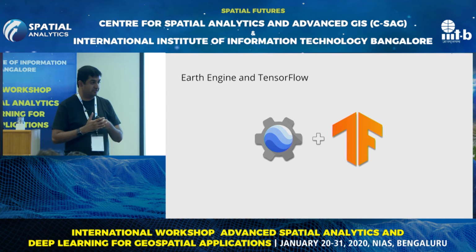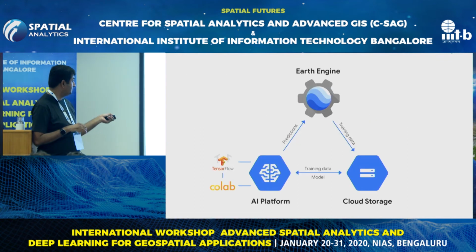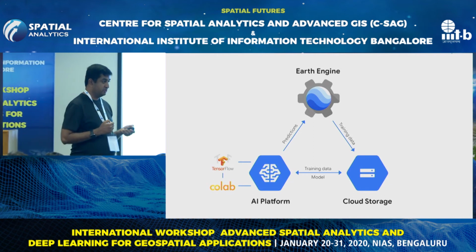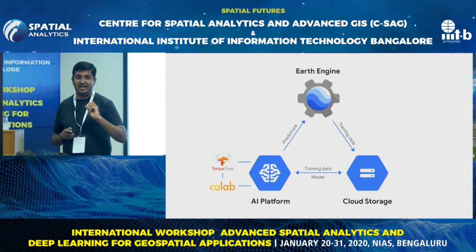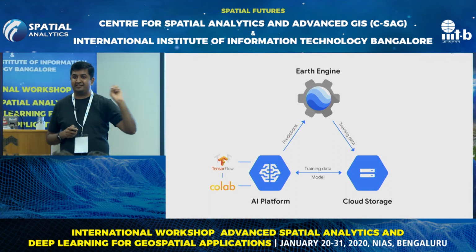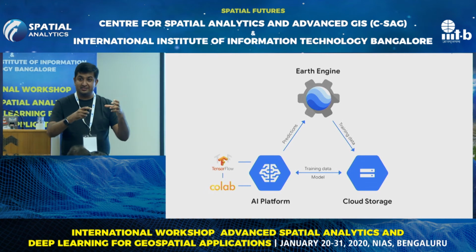When you combine both of them, you get the power of TensorFlow algorithms that can run on Earth Engine using global scale data. So the way it works is, you have Google Earth Engine. Say you want to train your model. You say, I've manually tagged some patches: this is land, this is urban area, this is water. I want to train my model. So how do you get those images?